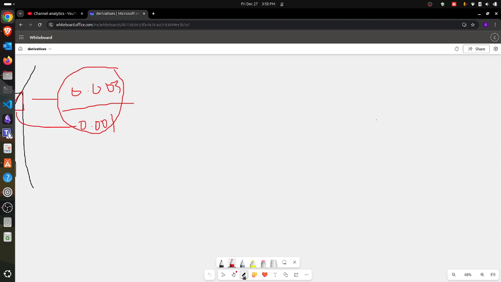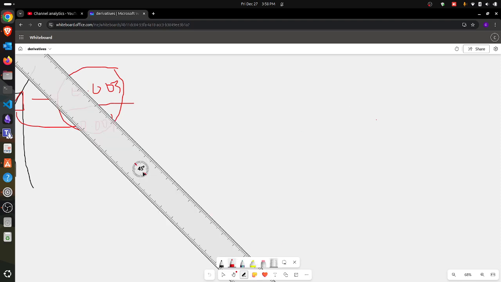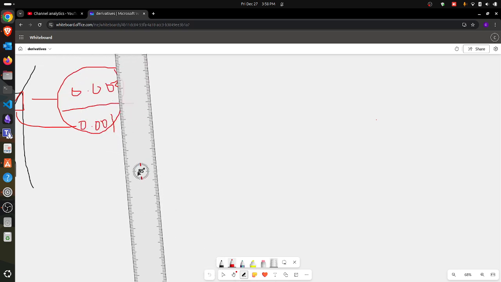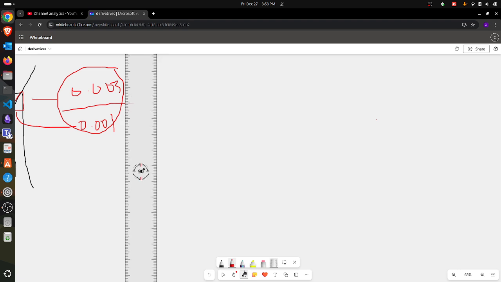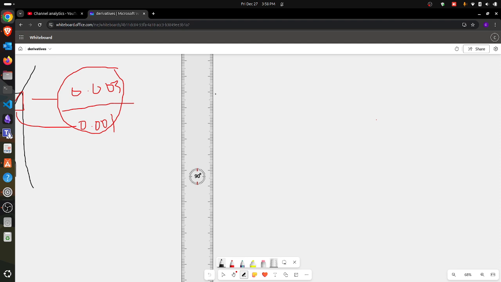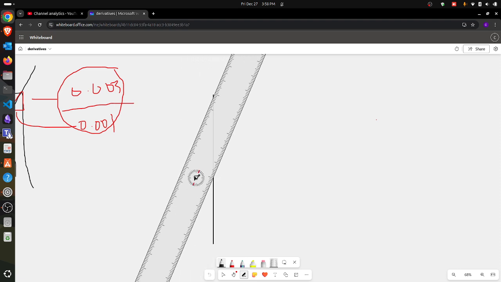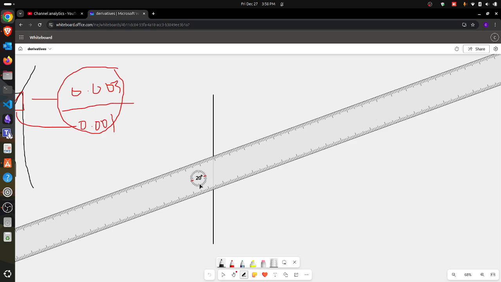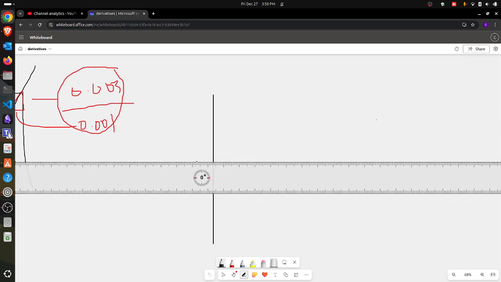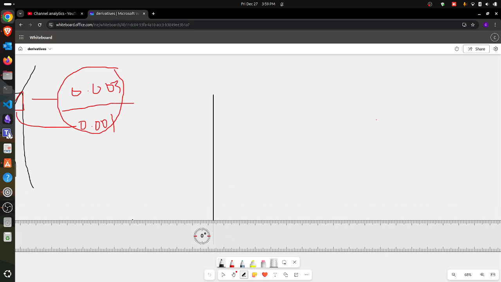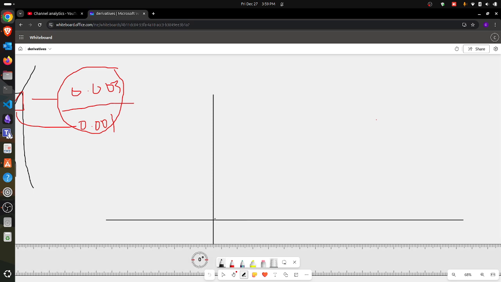So now in this one we are going to dive more into the concept of derivatives, and we are going to explore how derivatives work when the function is not linear. We explored the linear function in the previous video, and now we are going to make sense of a function which is not linear, which will look like this.